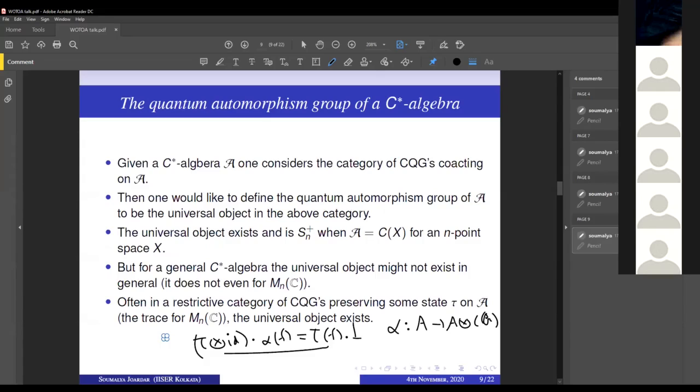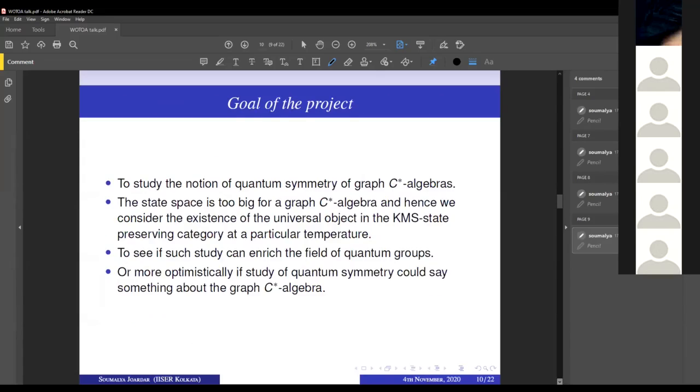So we would have to assume some state preserving property, I mean some state preserving category. Now the thing is that the state space is too large, right? If you are given a C*-algebra, what states should I take so that we can talk about a state preserving category? So this is a problem.